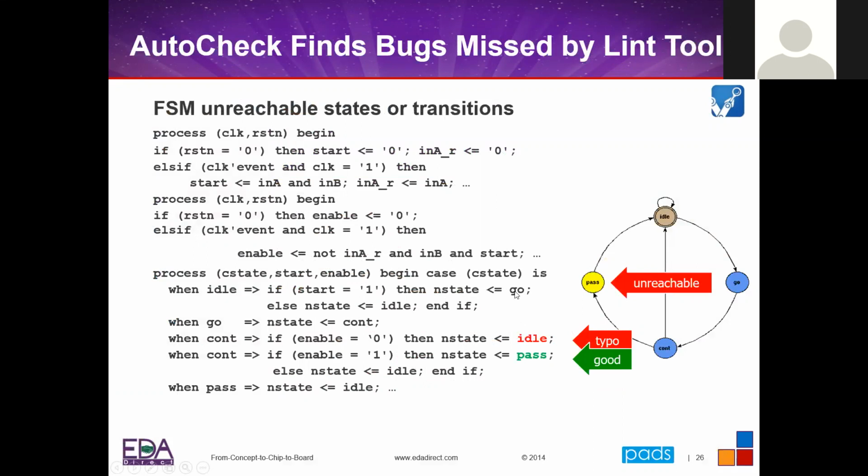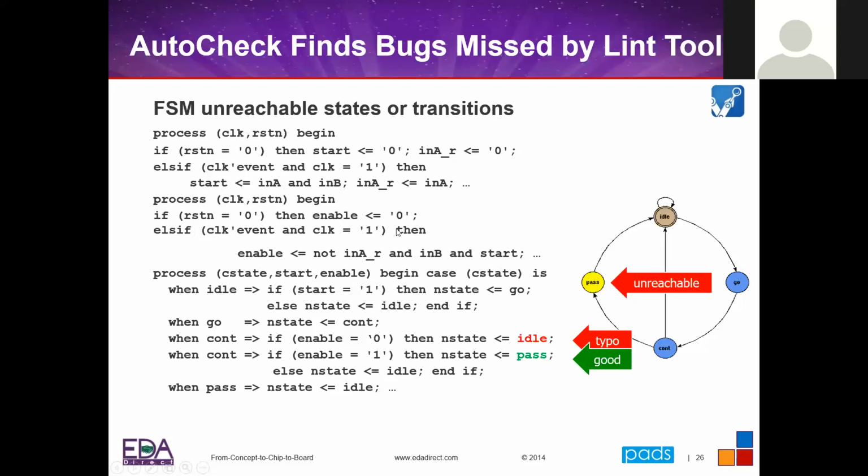But what you notice is if you look at the logic for enable up here, enable is saying not A and in B and start. So all 3 of those have to be a 0, or this one has to be a 0, this one has to be a 1, and this one has to be a 1 in order for enable to be true. But if we look at the logic for start, the only time start is true is if A and B are true.